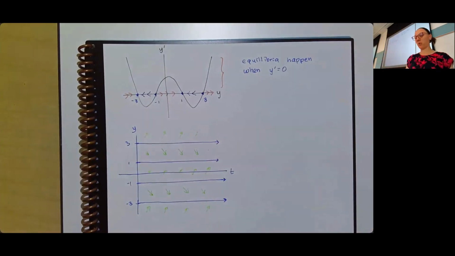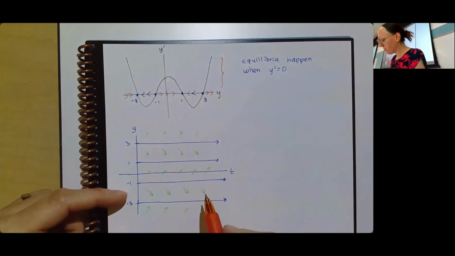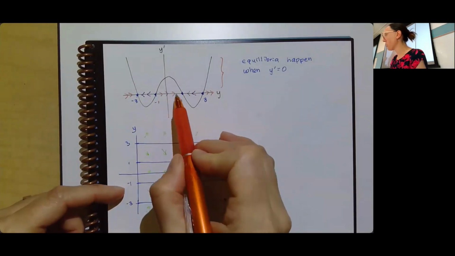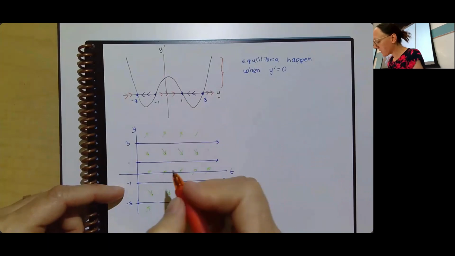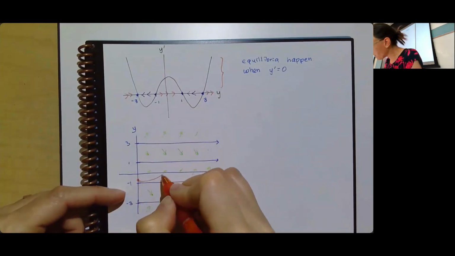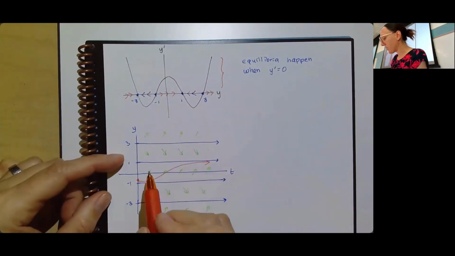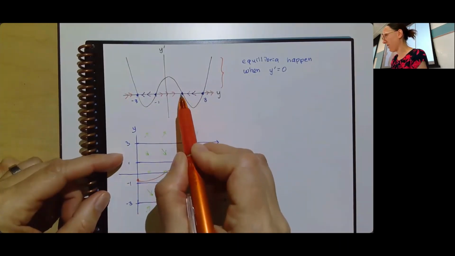And if I go to graph some solution curves, I know that if I start out between -1 and 1, I get pushed towards 1. I know that from looking at the phase plane. So getting pushed towards 1, my curves are going to do something like this. If I start out between 1 and 3, I also get pushed towards 1.